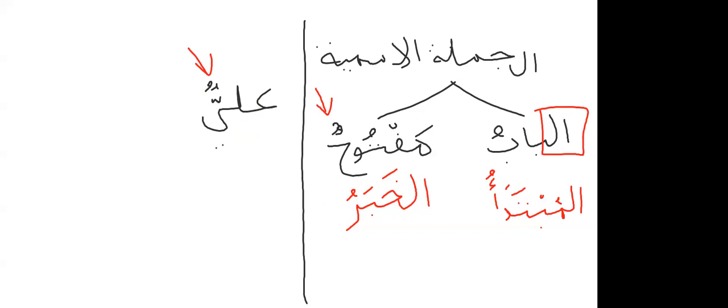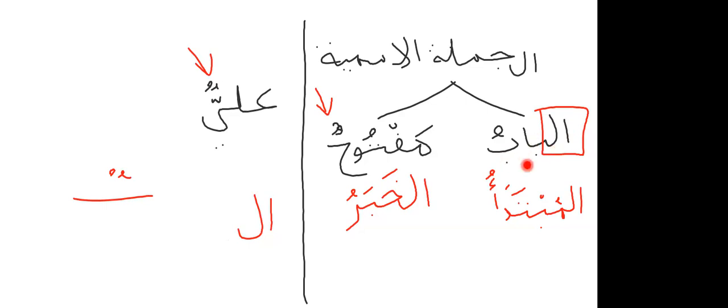So tanween, fathatan, kasratan, dhammatan will be a sign of nakira for a noun that is made definite with alif and lam, like babun, al-babu, the door.